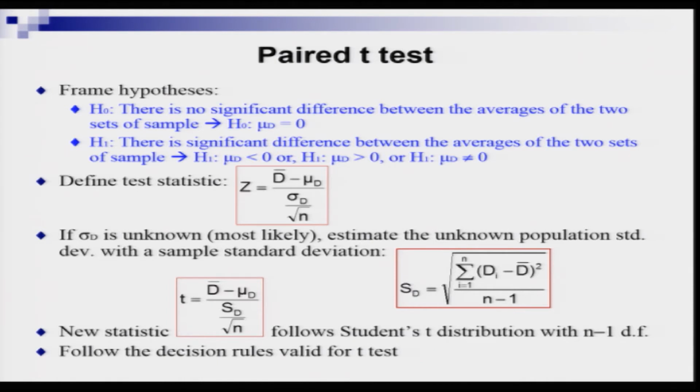So, once that S d is computed, in the next step you write the expression for the new statistic, and that is a t statistic, and I am showing you the expression in the box, and this will follow a student's t distribution with n minus 1 degrees of freedom, and then you follow the decision rules valid for the t test that we have discussed before.